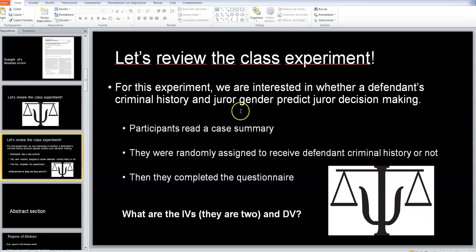And the other one is the gender, are you male or female? Would that affect what is going to be then given as the decision making, whether the person is guilty or not? So the dependent variable is the decision making on behalf of the juror, in this case you, stating if this person is or isn't guilty.